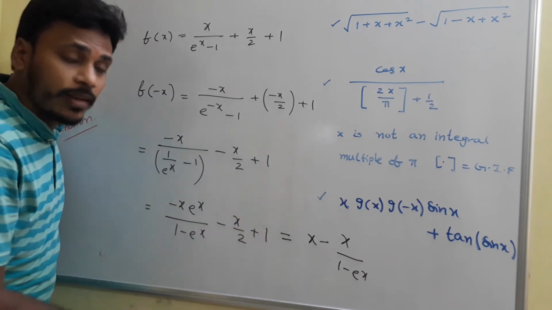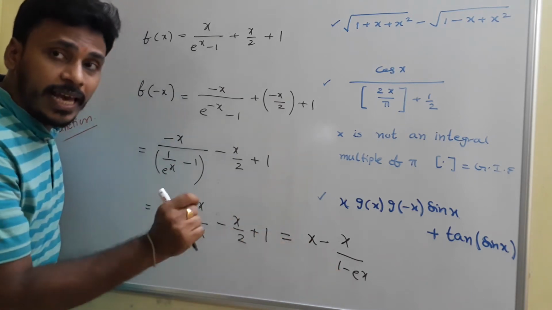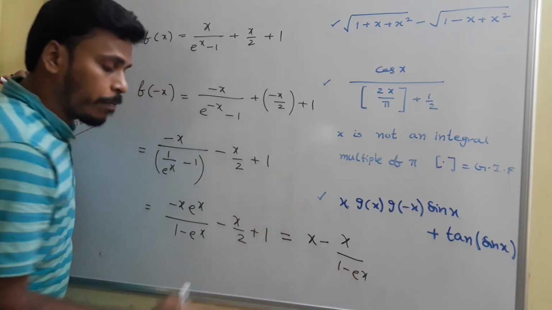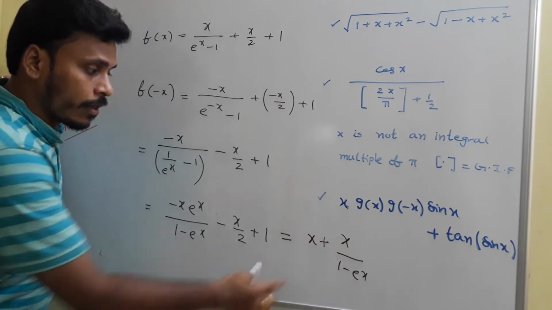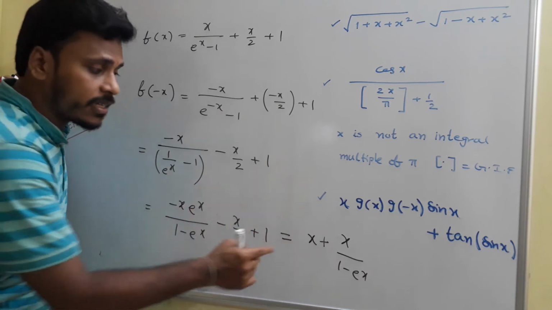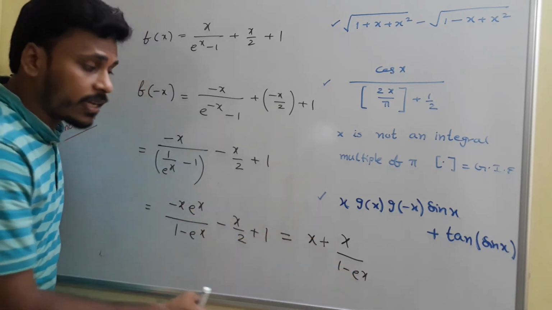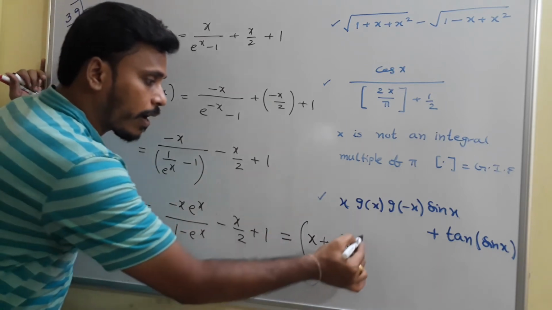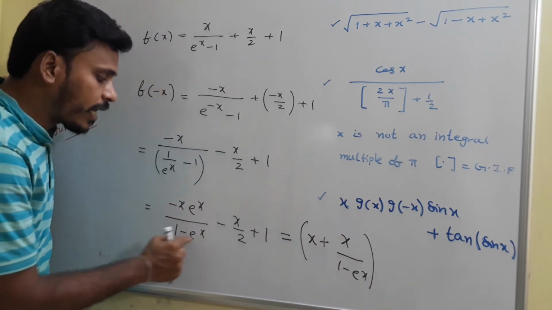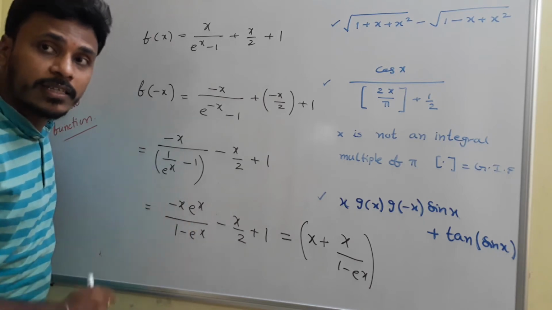If you simplify it, what will happen? x into 1 is x, minus x e power x, minus x, right? Then use plus here. x into 1 is x minus x e power x plus x divided by 1 minus e power x. This part is completely minus x e power x by 1 minus e power x.